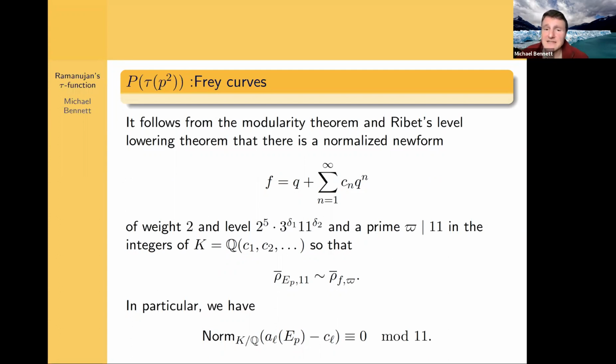And so we have to check these things. And this, again, at worst, is something of level basically 1,000. So it's not such a big thing computationally to deal with. And what we have is that the Fourier coefficients of our cuspidal newform should match up with the Fourier coefficients of our Frey curve, modulo 11. So we have something like this.